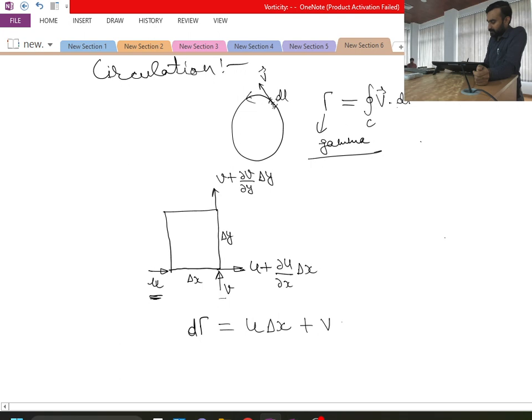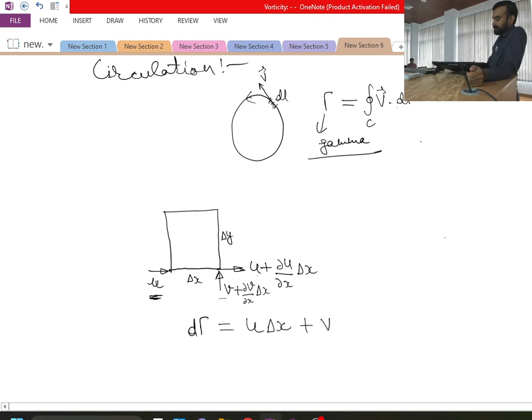Sorry, the tangential velocity is V, or is it V plus del V by del x into delta x? Because this is my origin over here. So here the tangential velocity will be, this I have written wrongly. Please make this correction. So here velocity is u.